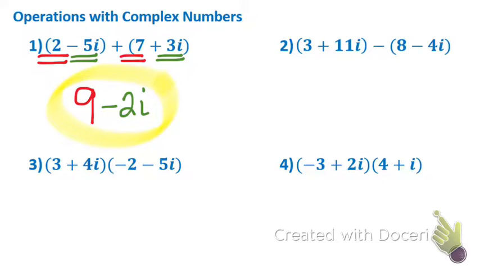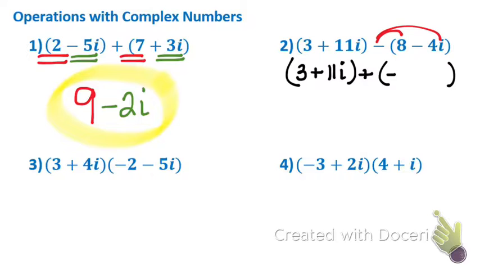Just combining like terms. For subtraction, though, you have to distribute that negative. So I'm going to rewrite that as addition. So that 8 is a negative 8, and the negative 4i is really a positive 4i. So I always rewrite subtraction as addition. You just distribute the negative and you combine your like terms, just like you did in number one.